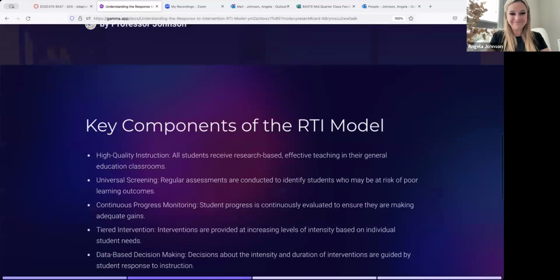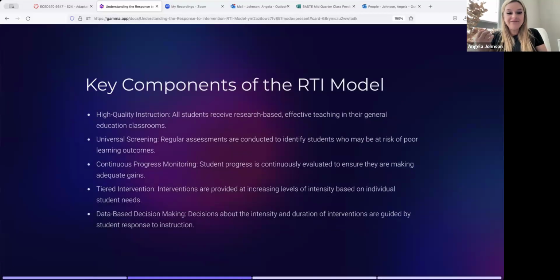Okay. Key components of the RTI model. High quality instruction is number 1. All students receive research-based, effective teaching in their general education classroom. So an example would be using the AVID method, or having GLAD classrooms, the guided language acquisition design model, embedded within the classroom, or using strong curriculum practices in that classroom.